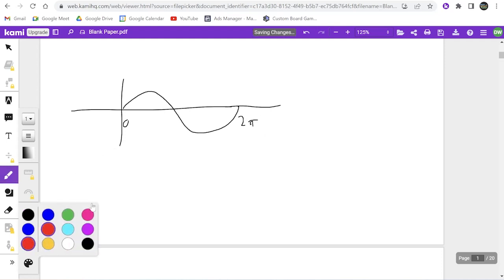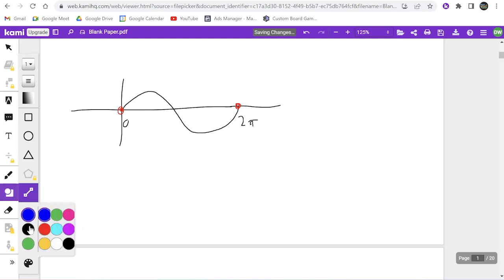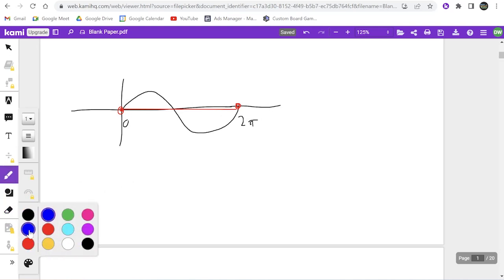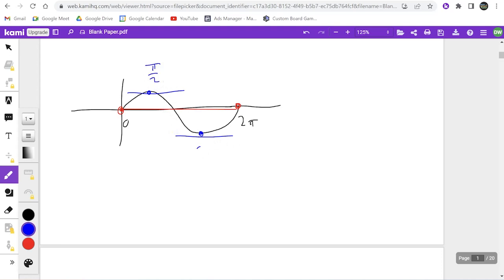What I'm saying is, if I connect the dots from start to end and draw this red line right here, just like that, close enough, then the question is, where does the slope equal the red line, which is flat? It's a flat slope. You would say the slope of my sine graph is 0 at 2 points. The slope is 0 right here, and the slope is 0 right here. Coincidentally enough, at x equals pi over 2 and 3 pi over 2, proving that the mean value theorem works.